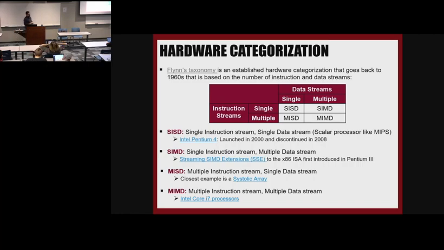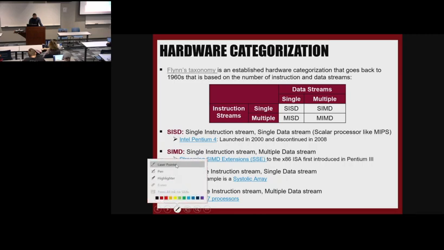So far we talked about single instruction, single data computer architectures. Everything we talked about in MIPS had a single data stream and a single instruction stream, right? The whole categorization is based on the number of instruction and data streams that you can have. So this we have covered.